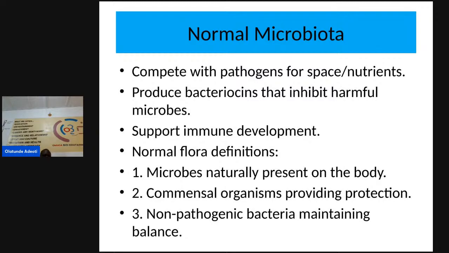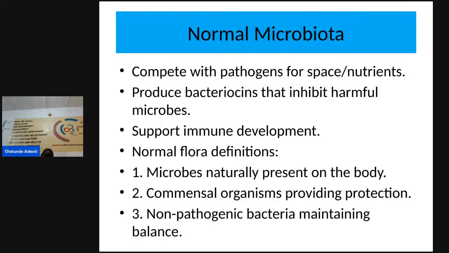That is one of the reasons why we have a normal flora made up of a microbial community on the surface of our body, in order to fight against the foreign body. Then they have the capability to produce a chemical called bacteriocin, which has the capability of inhibiting or preventing the entry of certain microorganisms. So all this is part of the mechanism that is being put in place.